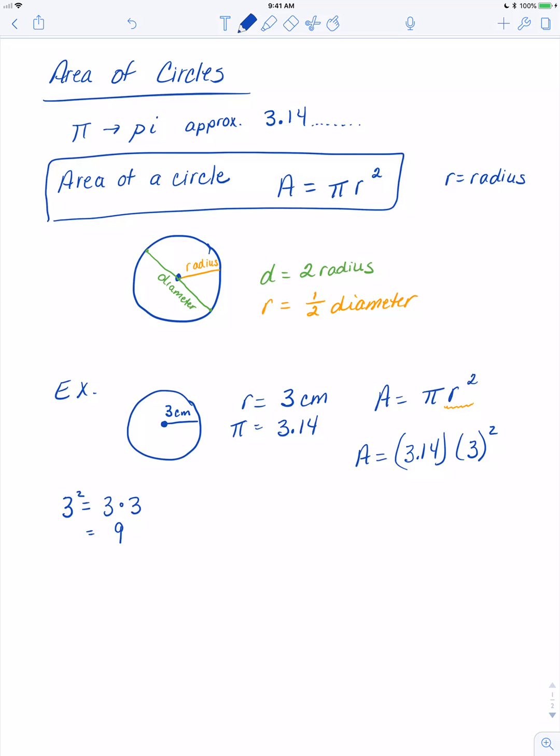So in this instance, we're multiplying it twice by itself. So that becomes 3.14 times 9. 3 squared is 9. So what is 3.14 times 9? The area of that circle is 28.26 centimeters squared.